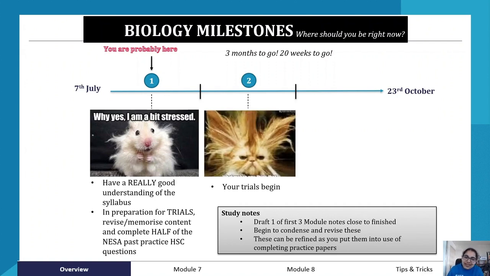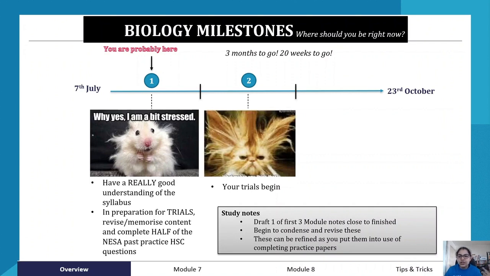Now, the second stage is when your trials begin, right? And we all feel like that cat there, where it's certainly a journey. So we totally understand the pressure is there, but I think in a way it definitely helps you feel confident for the HSC itself, because it's like a practice run.